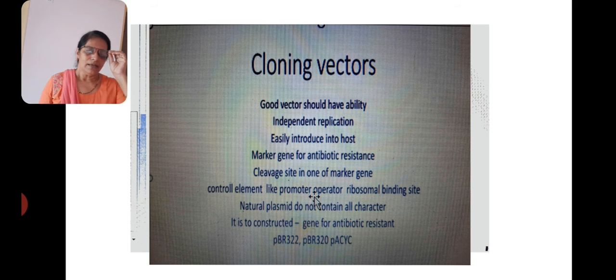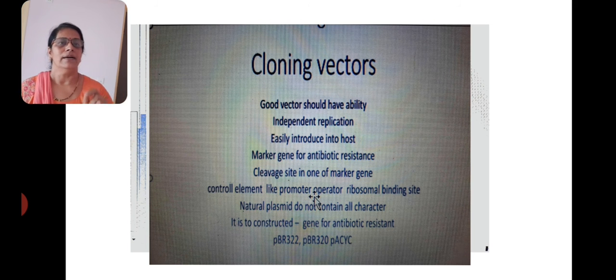Then another character is that it can be easily introduced into the host. For that purpose, the molecular weight should be less. Then it should have a marker gene for antibiotic resistance. You know that in a culture medium, whenever you add antibiotics, to fight against that it should have a marker gene.